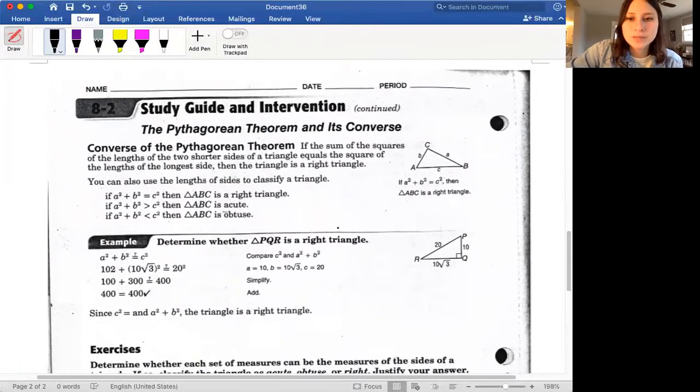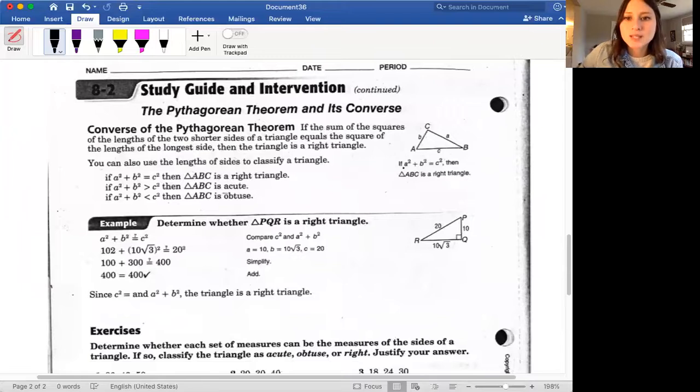Your Pythagorean theorem. Now, Pythagorean theorems are specific to right triangles. So you can only find the relationship of the legs and the hypotenuse and the missing parts if it's a right triangle. If, when you plug it into the Pythagorean theorem, your legs squared added is greater than the hypotenuse squared, then your triangle is acute.